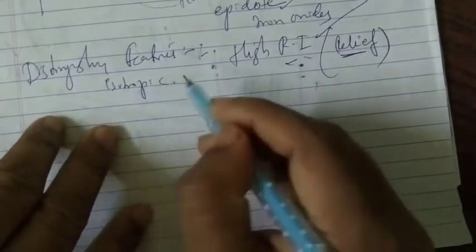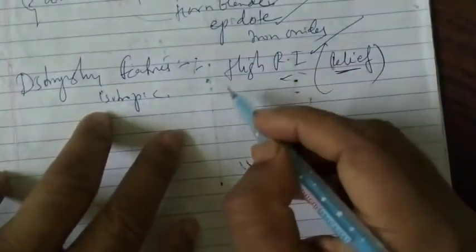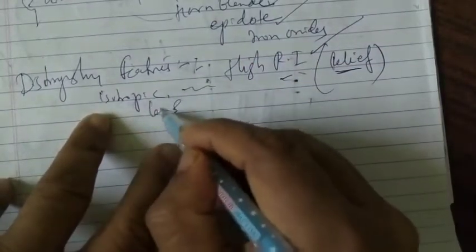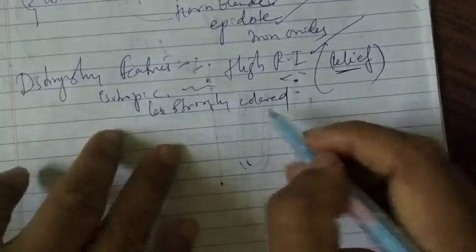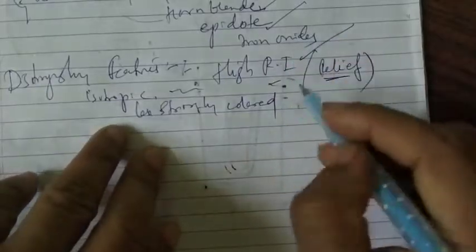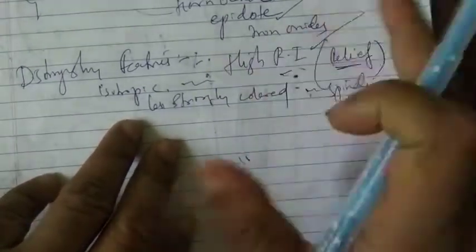And they are isotropic in nature. And generally these minerals are less strongly colored. This also is important. These minerals are less strongly colored compared to spinels. If you see the spinels, these are more strongly colored. This is how you can distinguish.